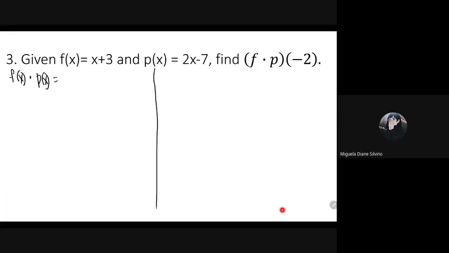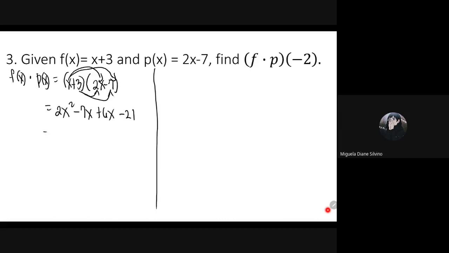Our f of x is x plus 3, and then p of x is 2x minus 7. So, FOIL method, this will be 2x squared. X times negative 7, that's negative 7x. Ito naman ay 6x, and then 3 times negative 7, negative 21.